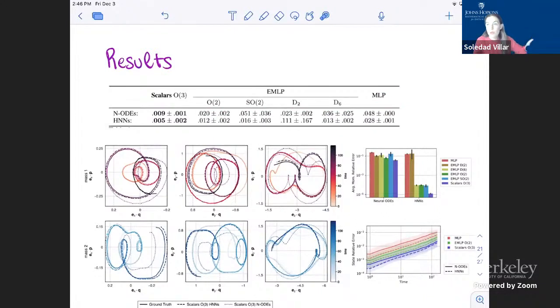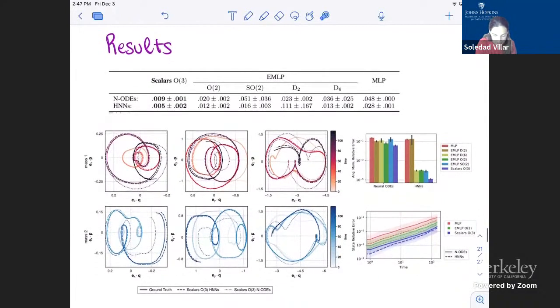So maybe that answers one of the questions that you had before about implementing this equivariance: how well does it perform? How much do you gain? Well, computationally, this is one example where you gain quite a lot by implementing the equivariance. And here we're implementing two symmetries. We're implementing the equivariance and we are implementing the Hamiltonian symmetry when we do this Hamiltonian neural network.